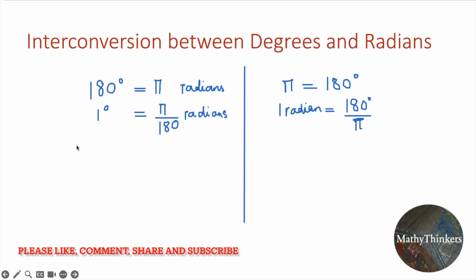If we are given an angle of 10 degrees, we just multiply 10 by pi over 180. On a calculator, that gives us 0.175 radians, approximately, rounded to 3 significant figures.